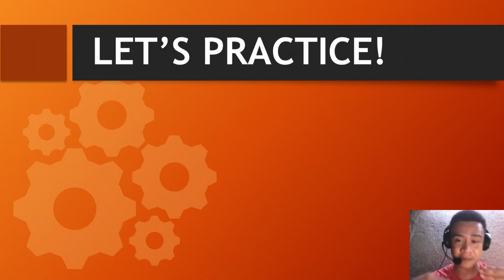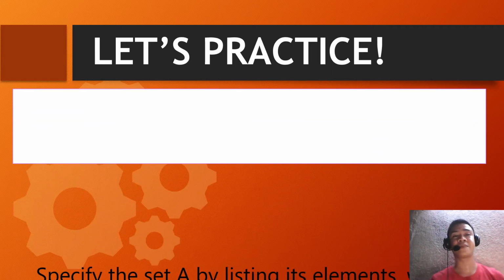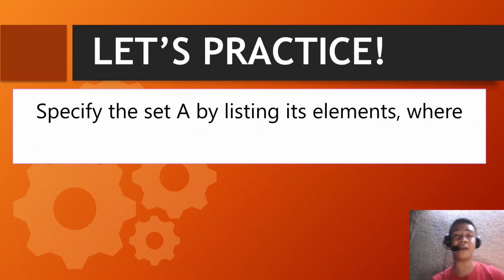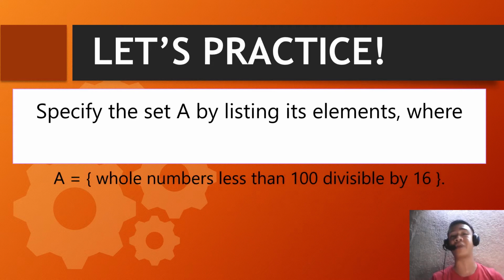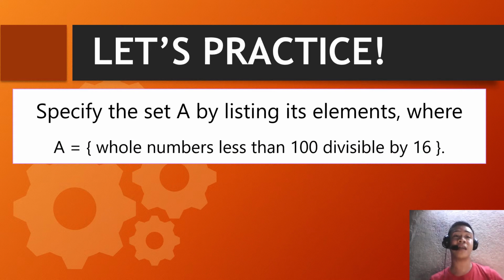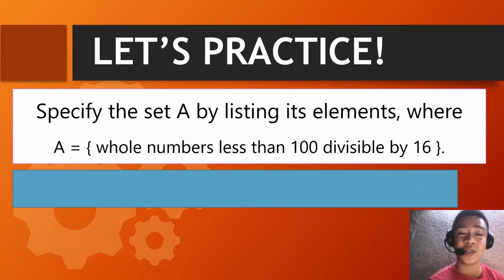Let's practice. Let's see if you learned something from our discussion. Number 1. Specify the set A by listing its elements, where A is a set whose elements are whole numbers less than 100 divisible by 16. Go. What is your answer? Here we will use the method of listing.